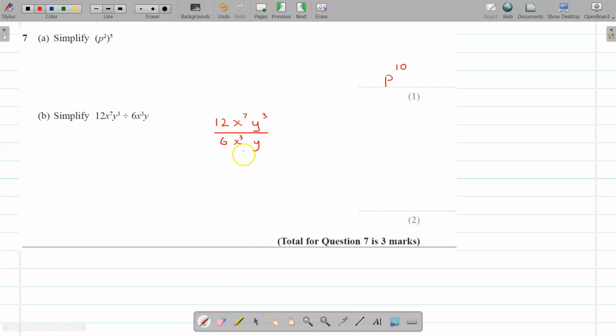So first of all we've got 12 over 6, which is 2. We've got x to the 7 over x cubed, which gives me x to the power 4, 7 take away 3, and y cubed over y is y squared.